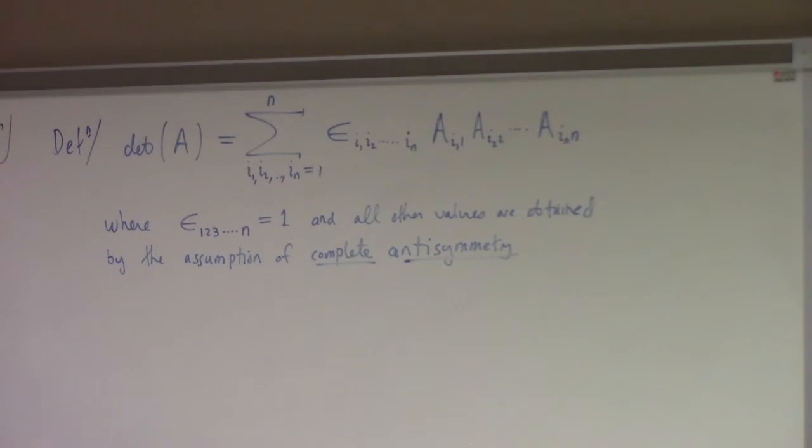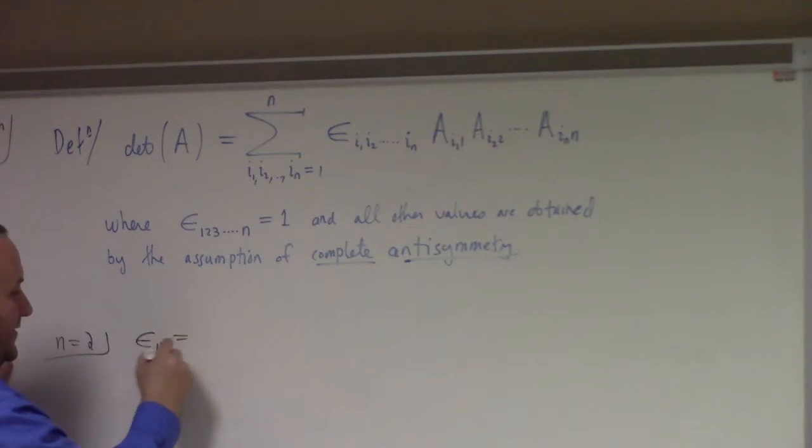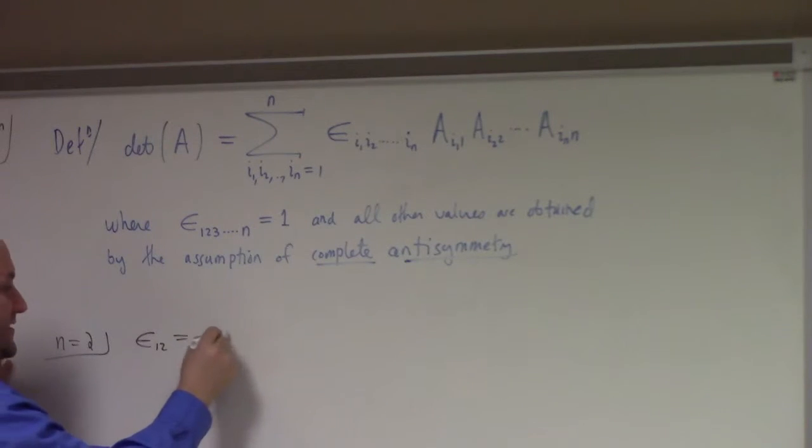Okay, let me just take a step back here. Let's look at this in the n equals 2 case. So we have epsilon 1, 2. If I flip the order of epsilon 1, 2, I get minus epsilon 2, 1.